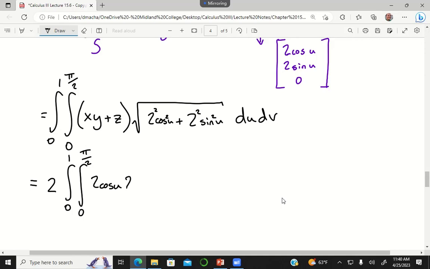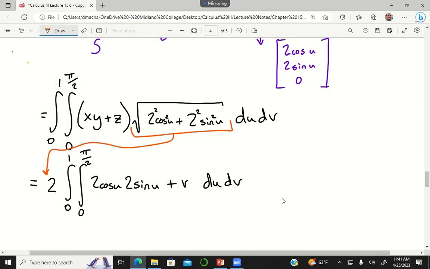And then y as a function of u and v is 2 sine u. And then z is just v. So just to remind, this whole section with the radical, that's just equal to 2.